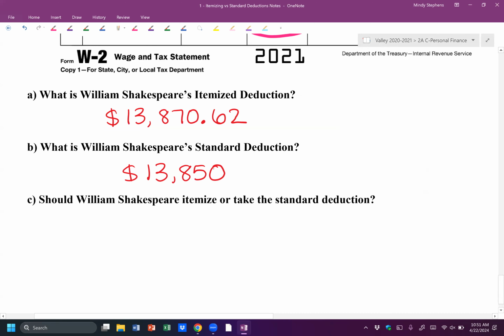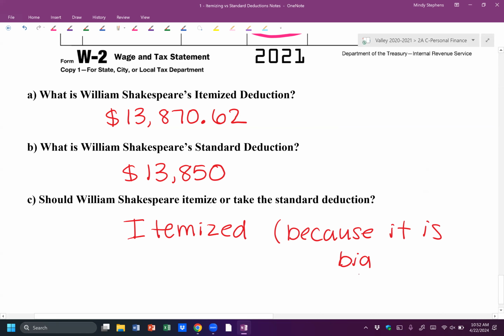So which one does he want, itemized or standard? He wants to itemize. Why again? It is bigger. So we want to write itemized, and again, because it is bigger. You want the biggest deduction to pay less taxes. The bigger the deduction is, the less tax you're going to pay.